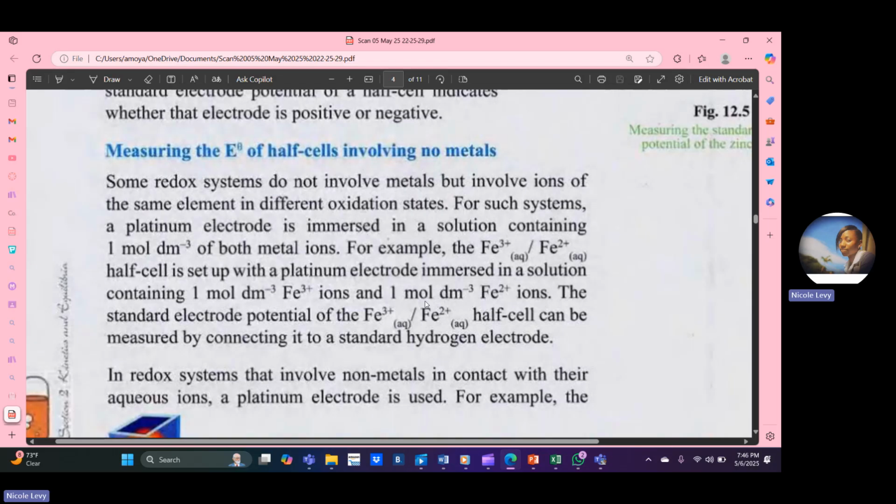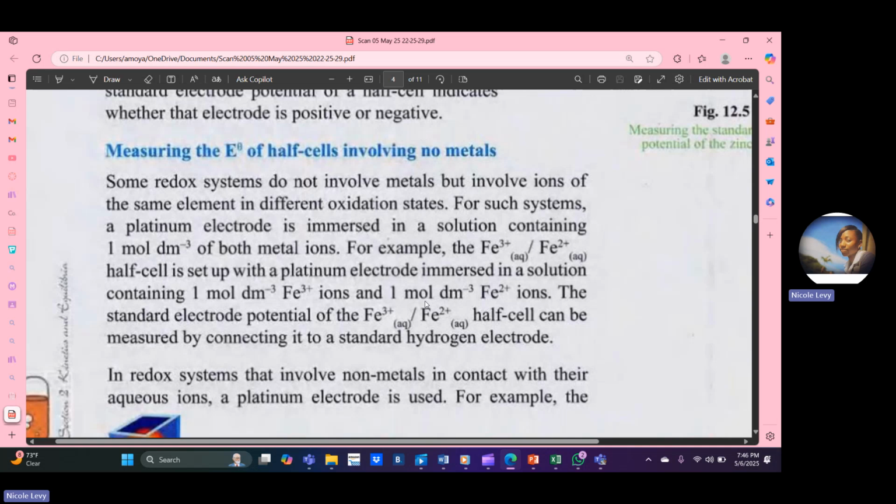So if we have a half cell that does not involve a metal, it's going to be a little bit different for us to measure the E naught or E cell value. But let's look at this example.